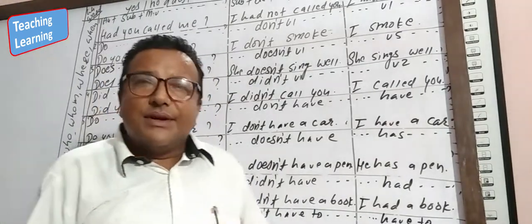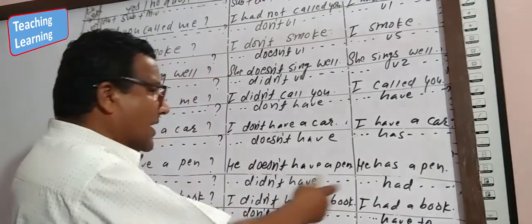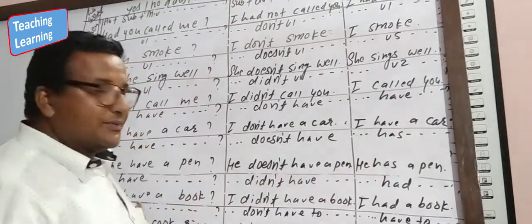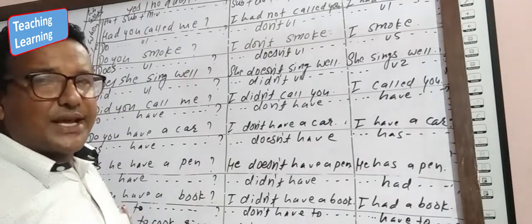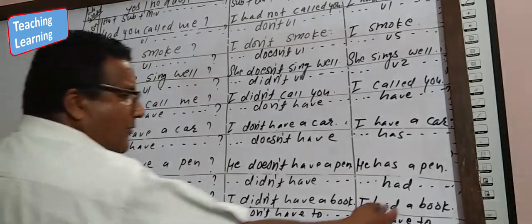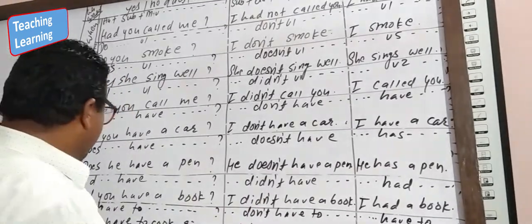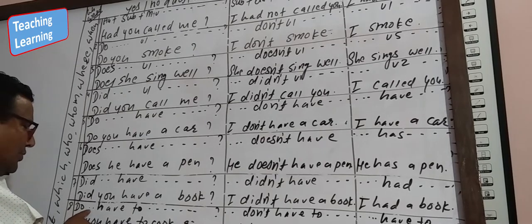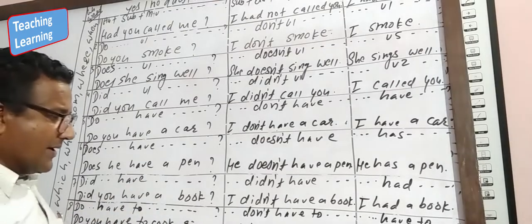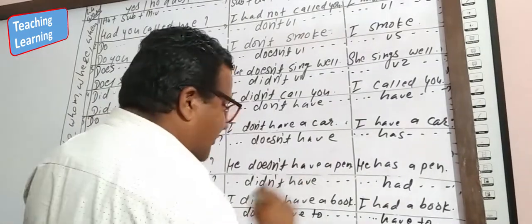In school time, did you have a cycle? Yes, I had a cycle. No, I didn't have a cycle. Did you have a book yesterday? Yes, I had a book. No, I didn't have a book. If the question has been asked with do, subject, have to, then the negative answer is don't have to, and the positive answer is have to.